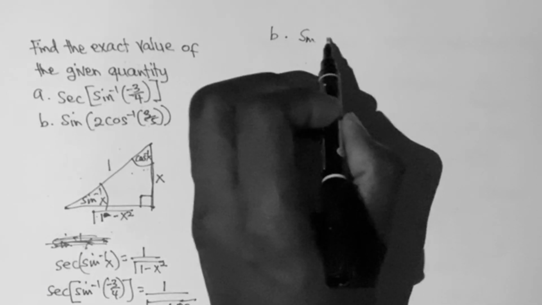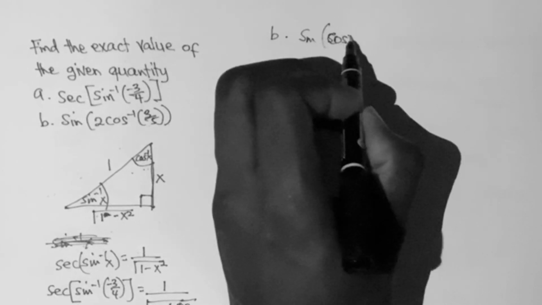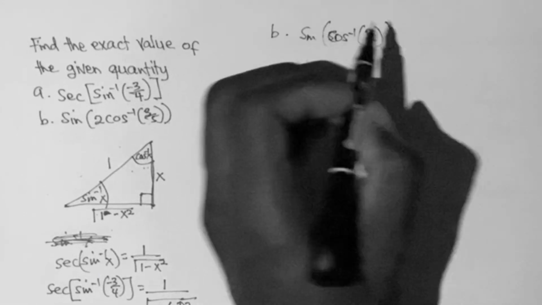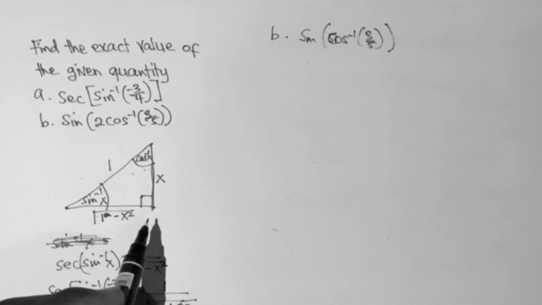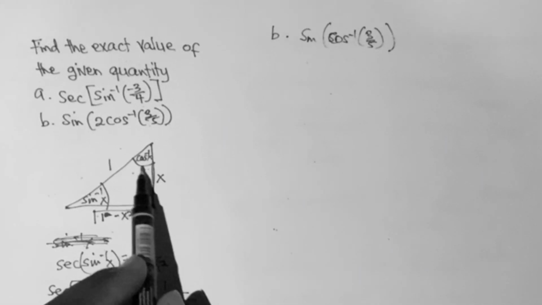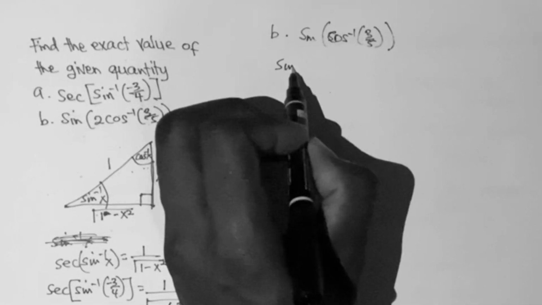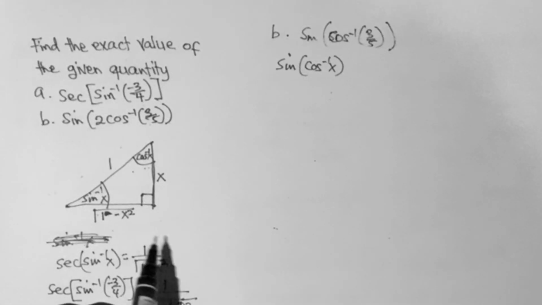Sine of cos inverse of 3 over 5. So with the special angles too, we have the special angle for the cos inverse. So you see that this is cos inverse. So we can write the value for sine of cos inverse of x.